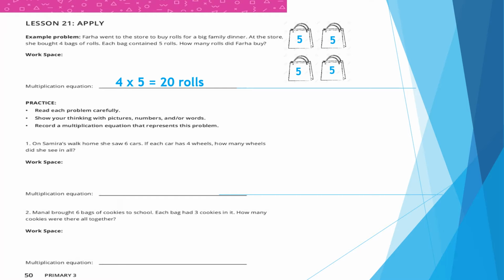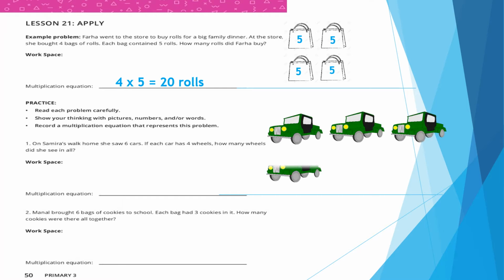Look here, we have 6 cars, and each car has 4 wheels. How many wheels did she see in all? Don't say "in all" means addition. No, no. Read carefully. We have 6 cars, each one contains 4.